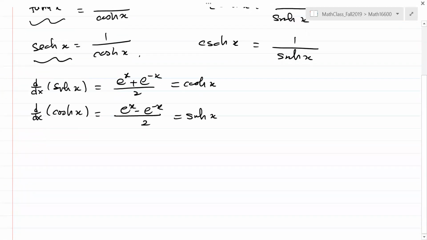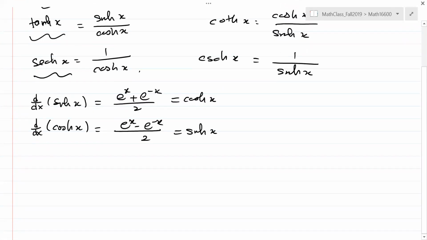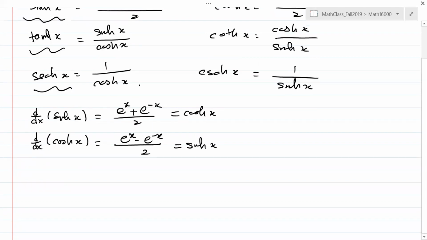Maybe you can look at the derivative of hyperbolic tangent x and also hyperbolic secant x. There are just too many formulas. But if you forget it, you can derive it by yourself, because if you know the derivative of hyperbolic sine x and the derivative of hyperbolic cosine x, you can find the derivative of hyperbolic tangent x.